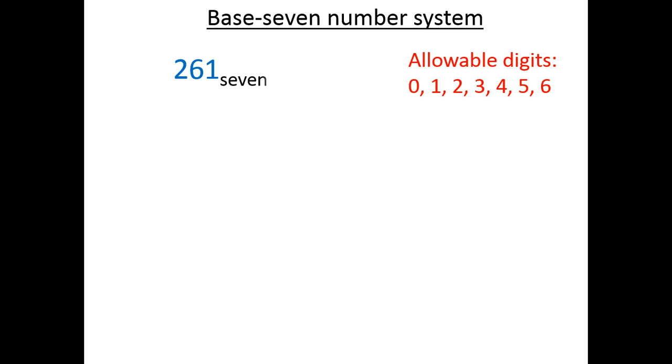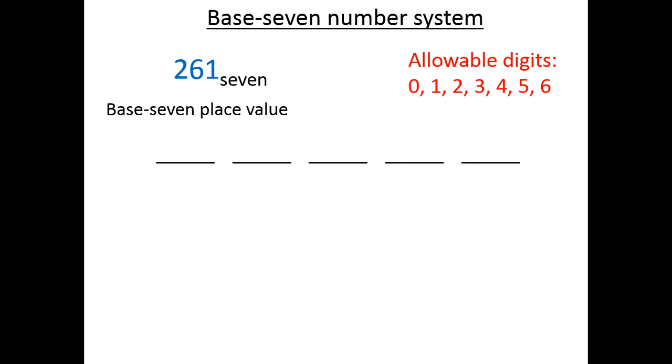How about a base 7 number system? What would that look like? Well, it would have 7 allowable digits, 0, 1, 2, 3, 4, 5, and 6. If we wanted to take a number in base 7 and determine what it means to us in base 10, we would have to think about base 7 place value.